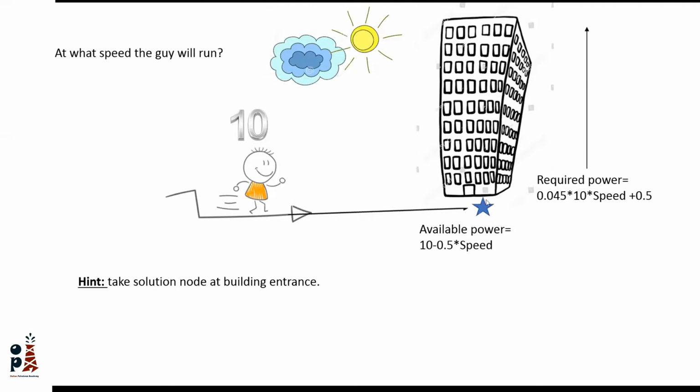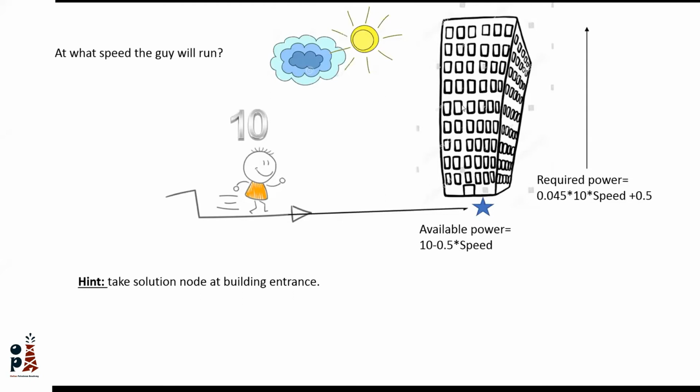And if we need to take a solution point or a nodal analysis point at the entrance, the available power with this guy after he runs the street and reaches the entrance is the available power. And this available power needs to overcome the required power to go up the stairs.